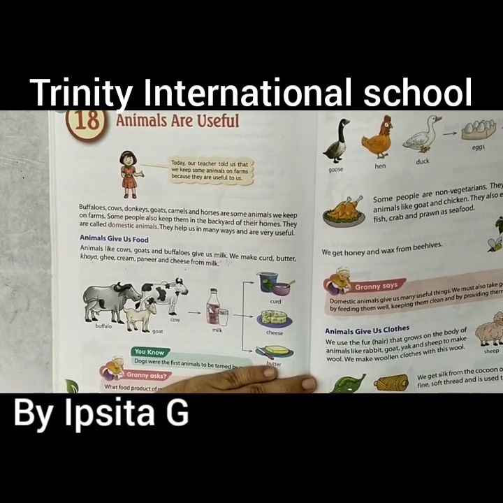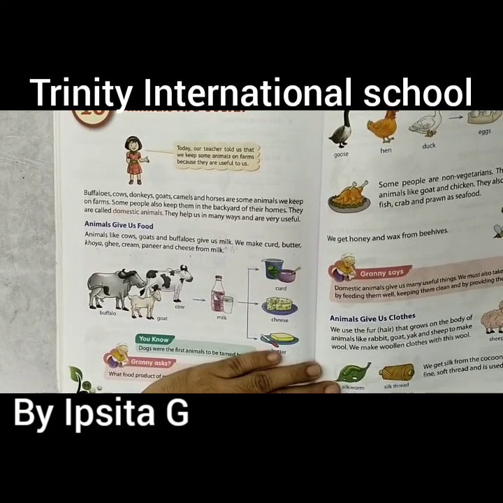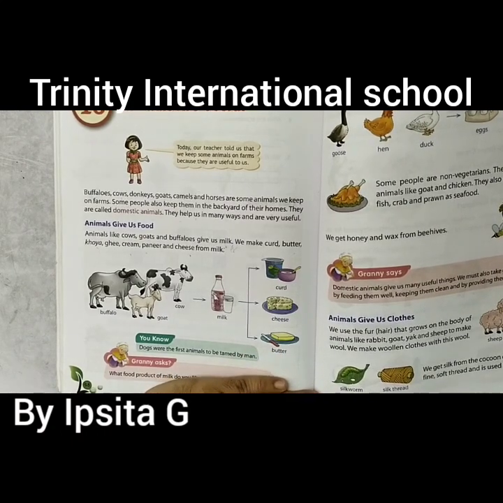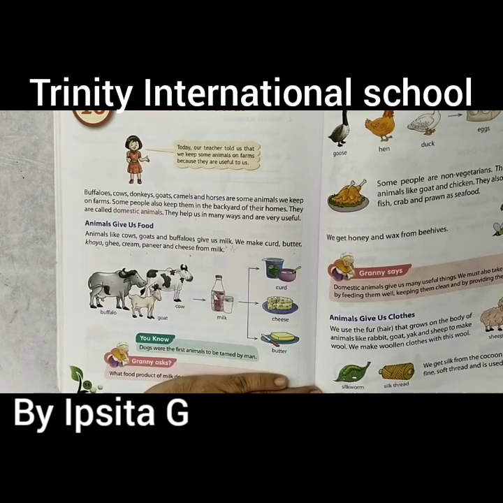Okay, so first is your animal gives us food. So from food you will certainly think about milk, isn't it? So from animals we get milk, and from milk we get various types of milk products.